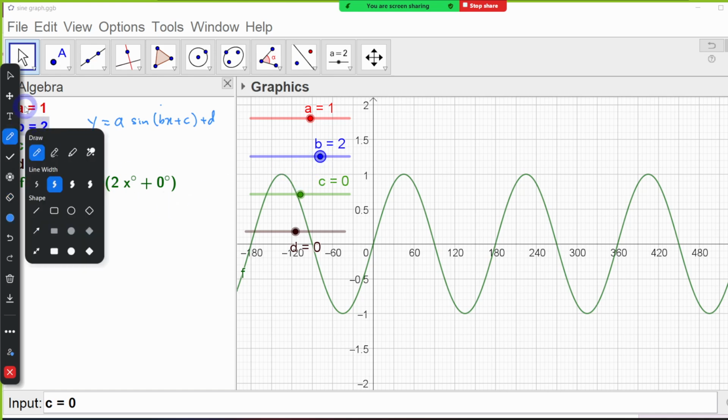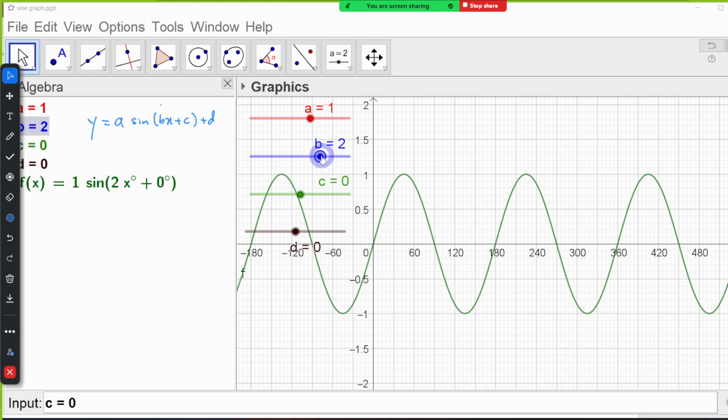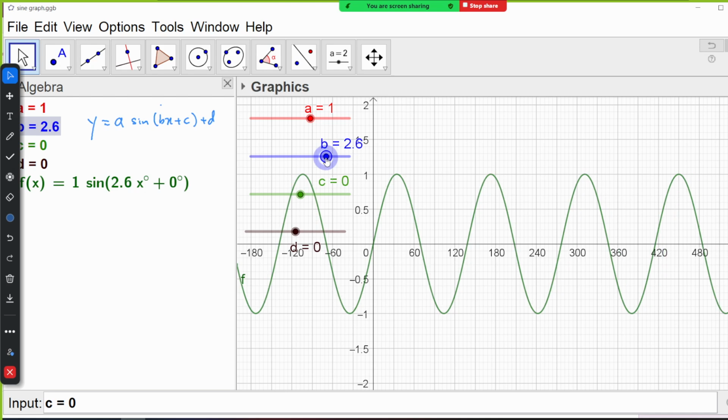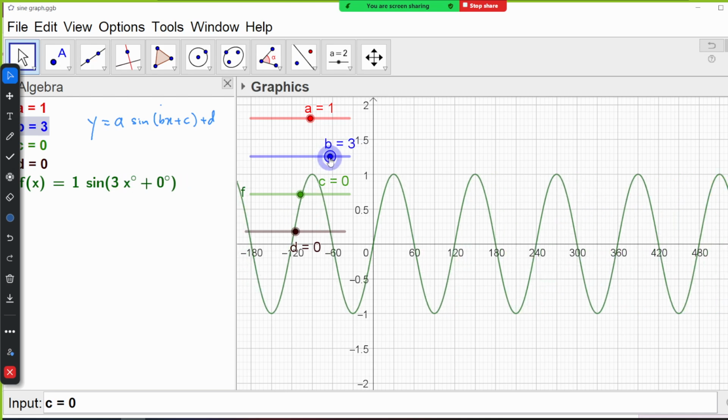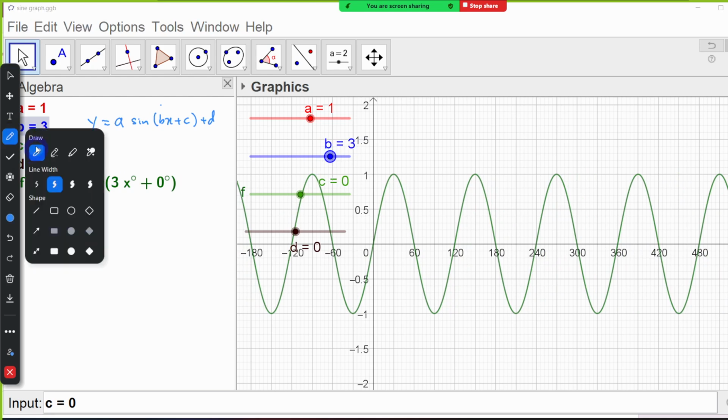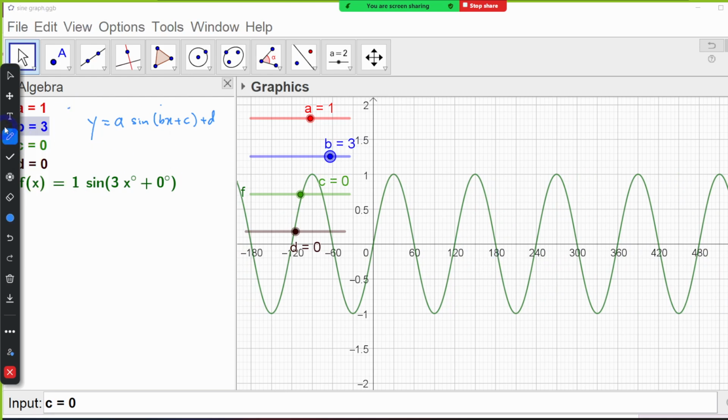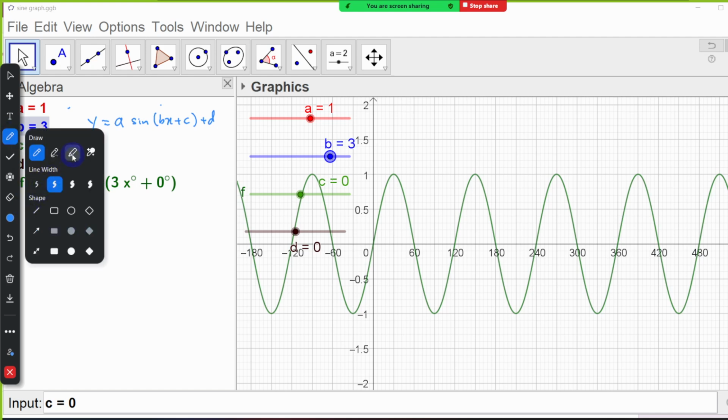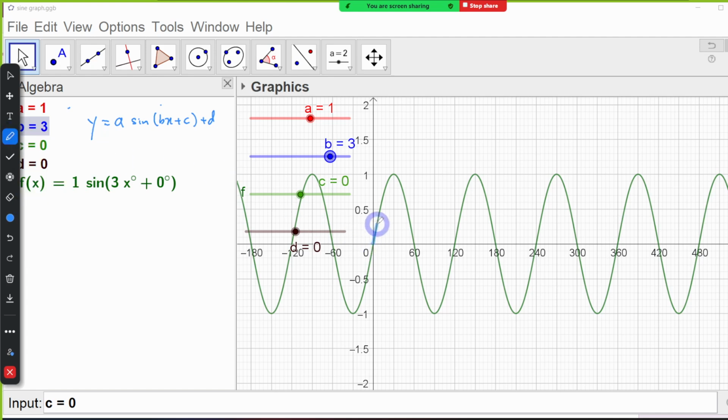Let me show you another one. How about if I change this to 3? Try to observe this graph. What is the period of this graph? One full cycle takes 120 degrees, right?